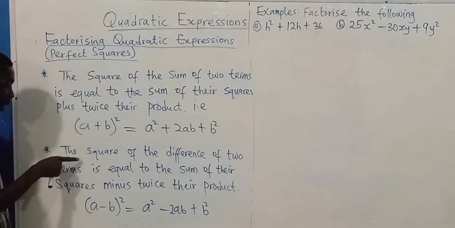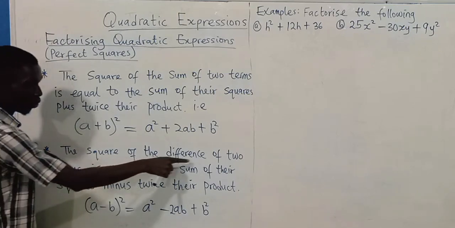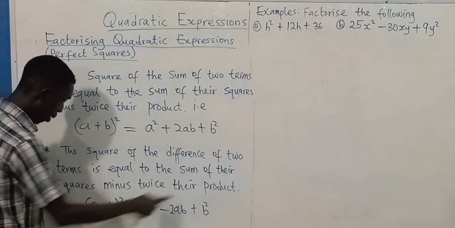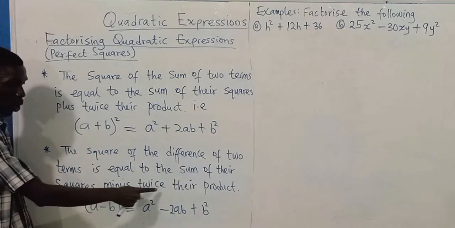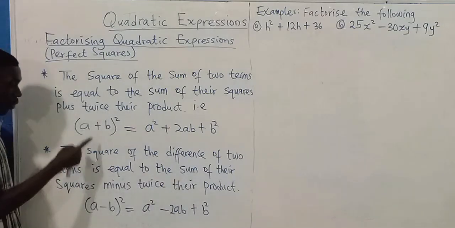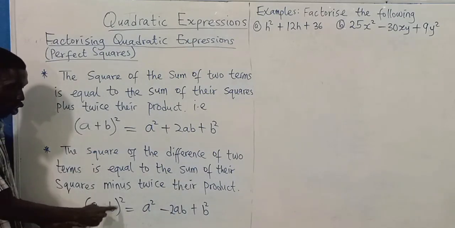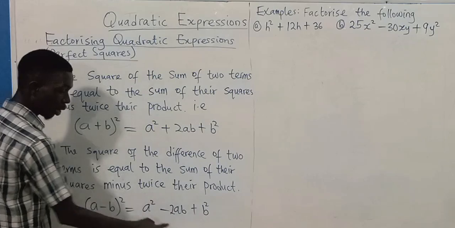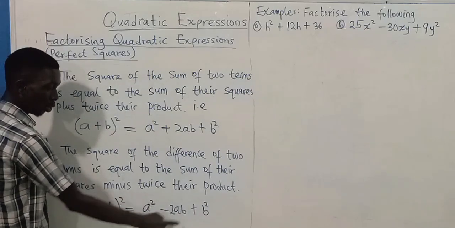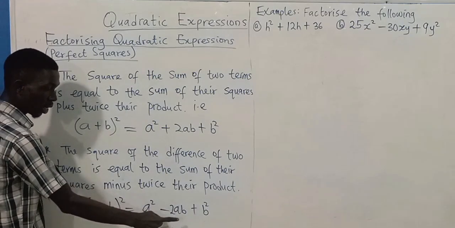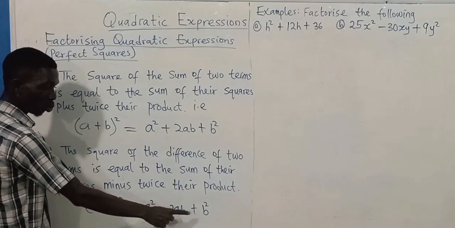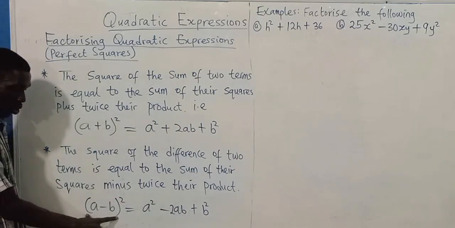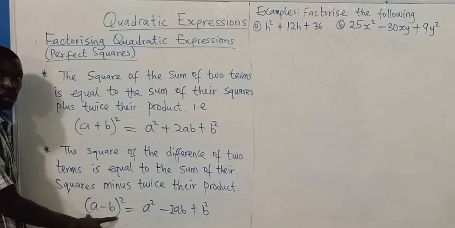We also have the square of the difference of two terms is equal to the sum of their squares minus twice their product. The same thing, if we have a minus b all squared, then we're going to get a squared plus b squared minus 2ab. So if you can express any quadratic expression in this form, then the factor will become this.